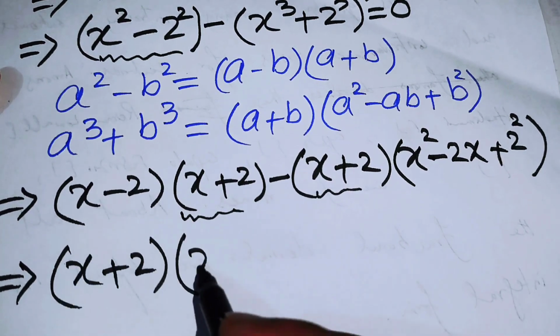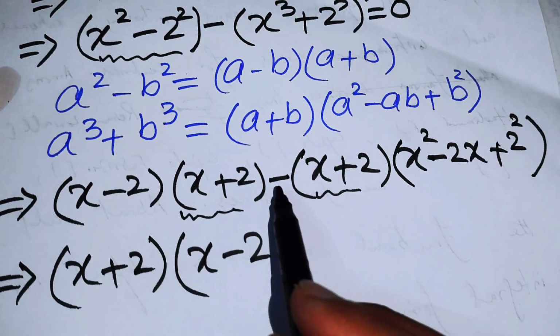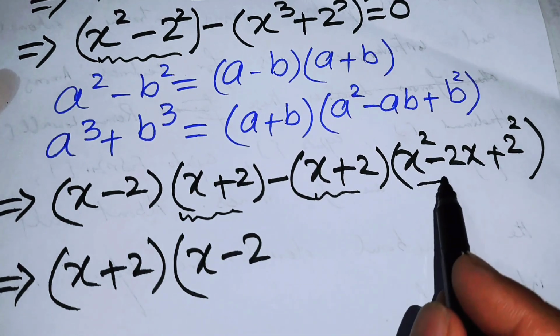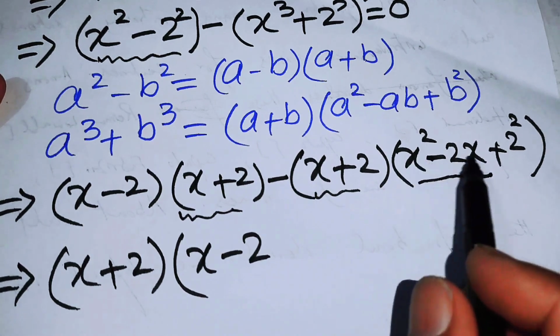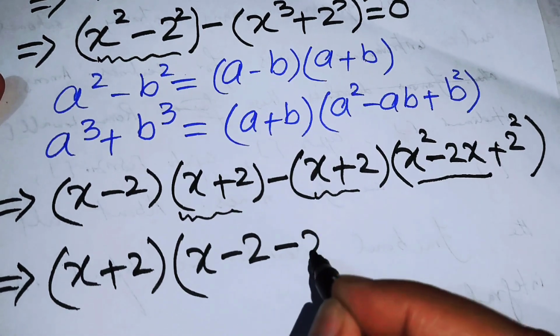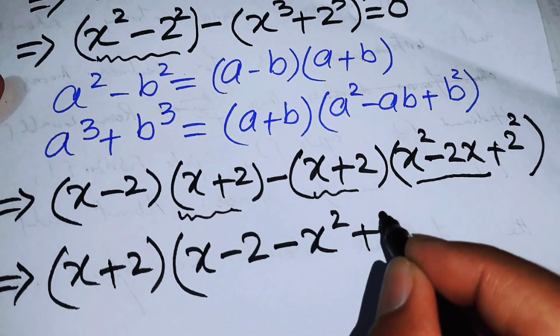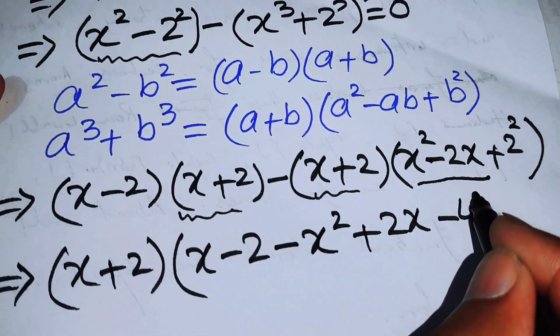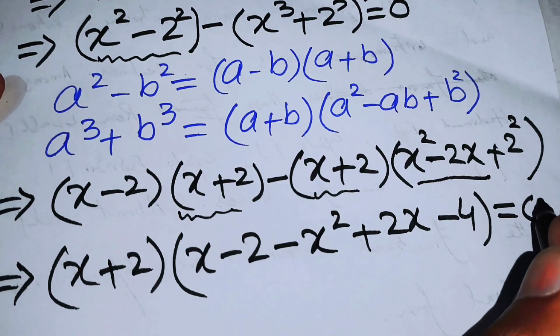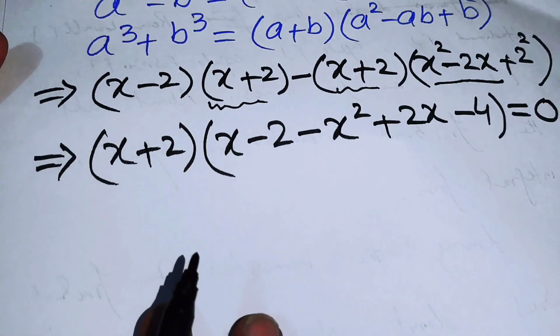So here you have x minus 2, and here you get minus times this whole term. So we will multiply this minus sign into each term, and you get minus x squared plus 2x minus, here you have 2 squared which is equal to 4, and the whole equal to 0. So here you have two cases.